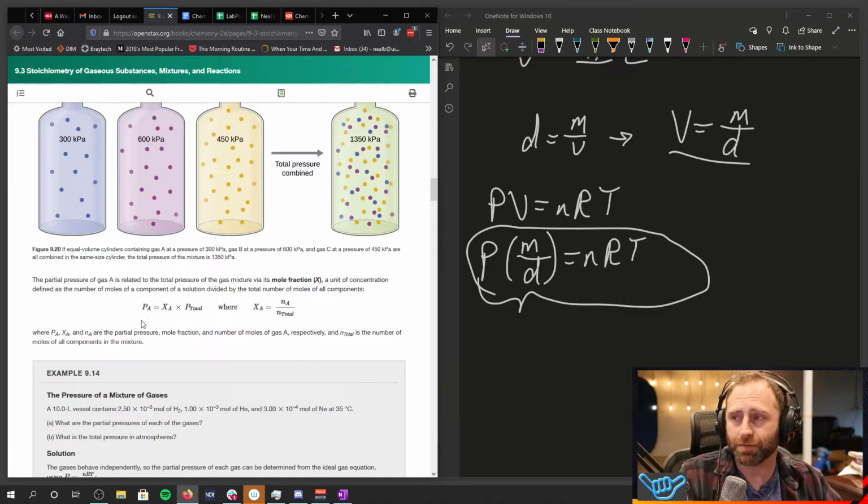This expression, this pressure of component A, works because we're talking specifically about the mole fraction of component A. And that mole fraction of component A is going to isolate A. And since we said pressure is very dependent upon the number of particles, this works.